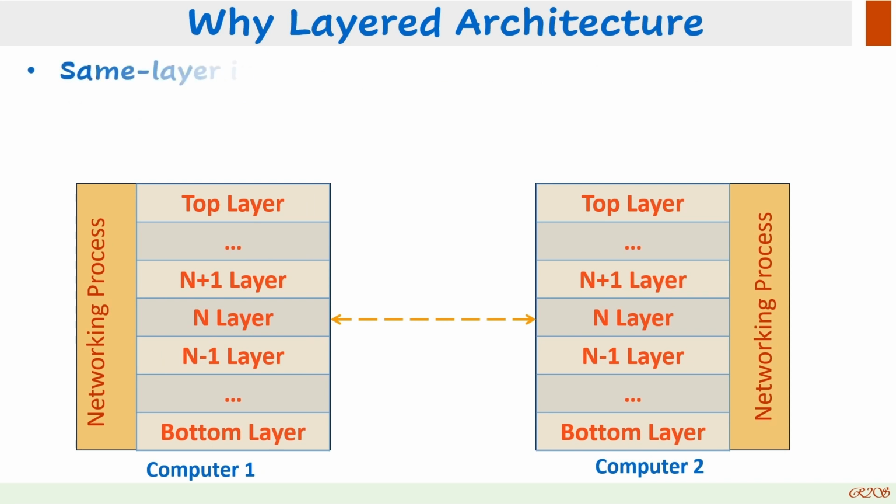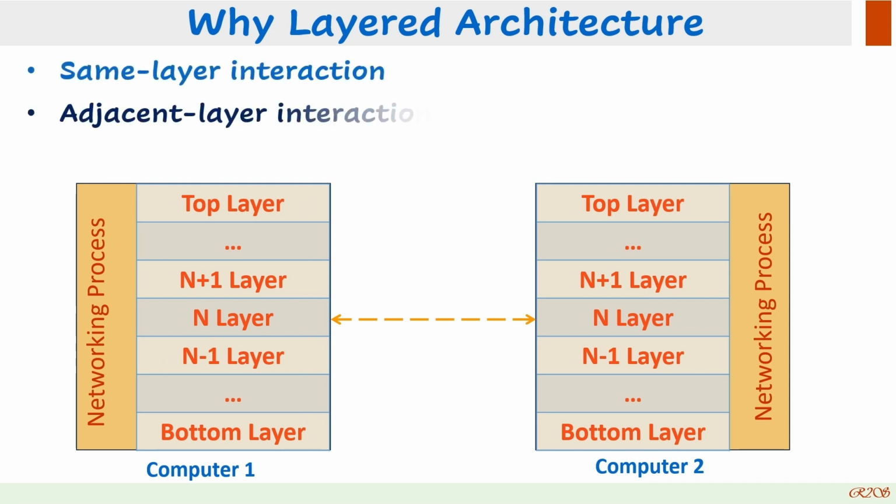Now, when we divide the whole process into different layers, we have to keep in mind how two devices communicate with each other, and how, within the same device, one layer communicates with another layer.